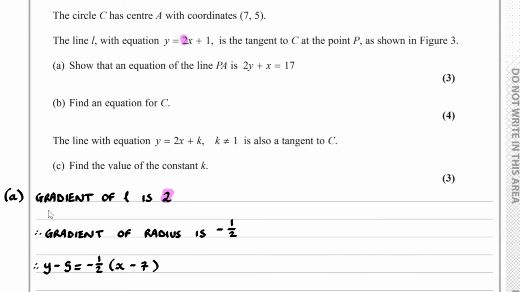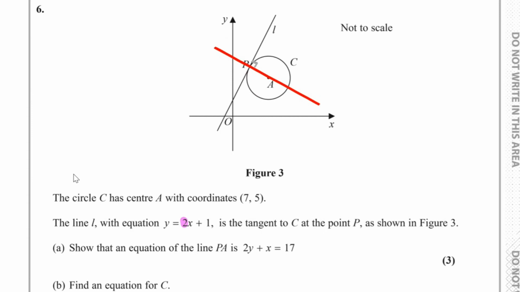Next, we have to find an equation for C. Well, what we need to do is find out the length of the radius. We know so far that A has coordinates 7, 5. We can find the coordinates of P, and we can do that by setting L equal to the equation of the tangent.